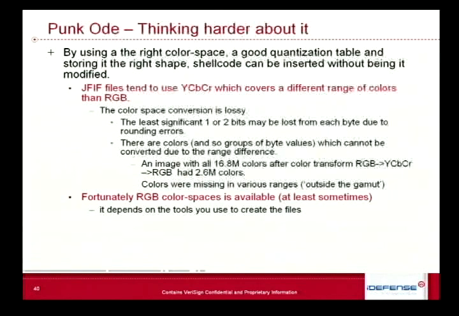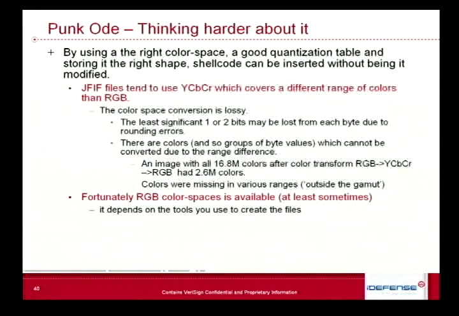As I said, the JFIF file, which is a JPEG File Interchange Format image file, uses the YCbCr, which covers a different range of colors than RGB, which is what everything will get converted to when it's displayed on your computer. The color space is lossy. It will tend to lose the least significant couple of bits from many of the bytes.